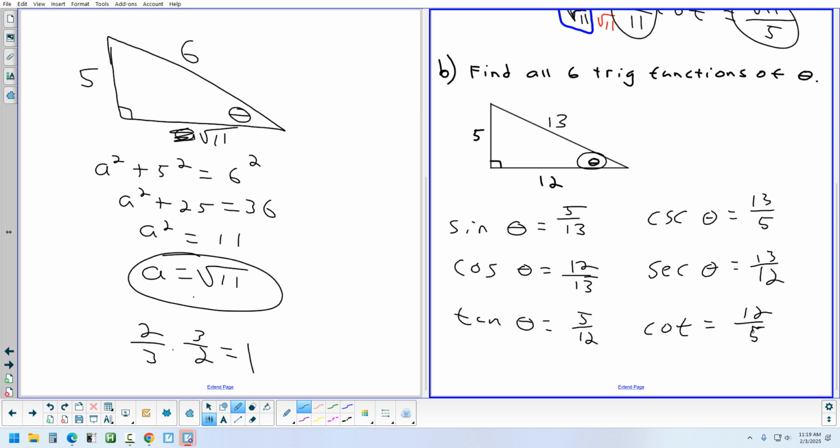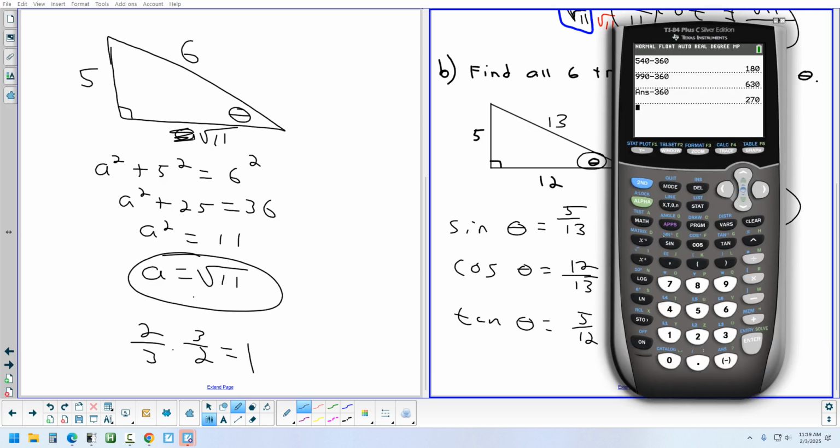Okay, so you might think, what's the point of writing the 3 on the right if you know the 3 on the left? Well, let's say that I gave you this piece of information, and I asked you to solve for the angle in the triangle. This piece of information directly doesn't help you on a calculator because there is no CSC button. You have a sine, you have a cosine, and you have a tangent.